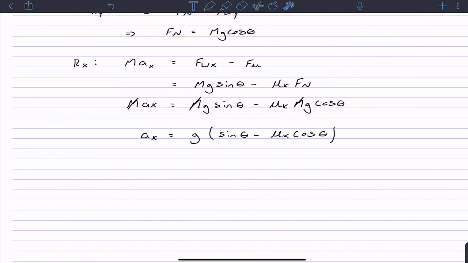So we're actually given this information. We know what g is. We know what theta is. We're told that it is 19.5 degrees. We know what the frictional coefficient is. We're told it's 0.195. So we can actually solve for this. So this is going to give us g times 0.149.